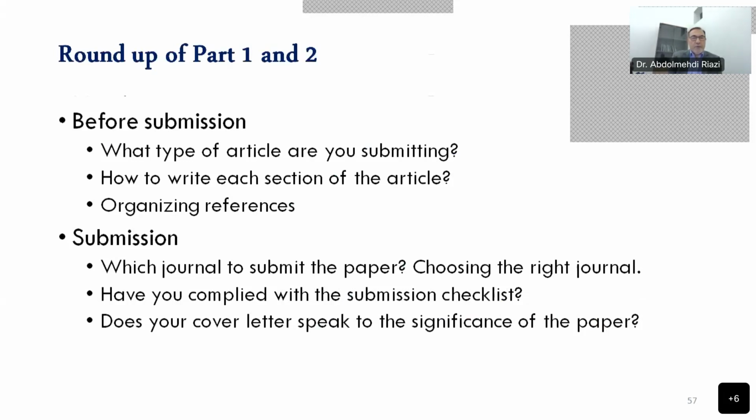Today, we focused on the submission stage in the process of getting published. The first thing that we discussed was familiarity with an article management program, which is called ScholarOne.